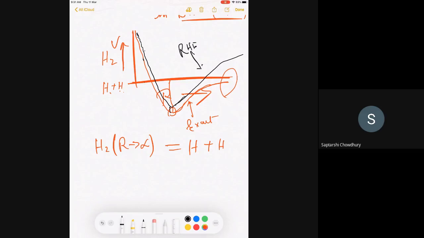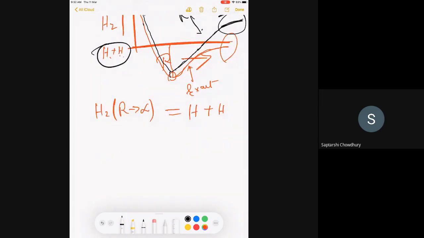But what is more dangerous is that it crosses the curve, and at large distance it does not separate into hydrogen plus hydrogen. It actually goes somewhere else. In fact, this energy is the H plus, H minus. So it separates not into two hydrogen atoms, but a proton and a hydride. This is exact.